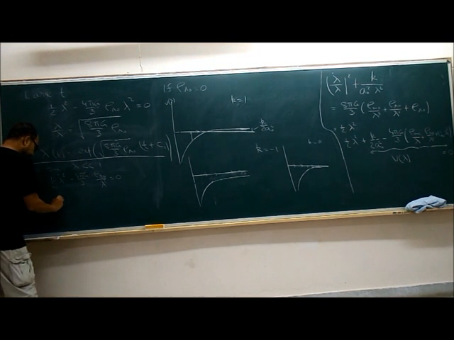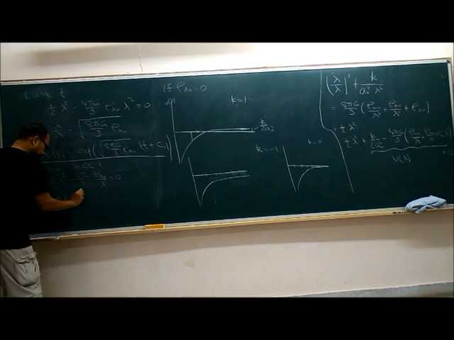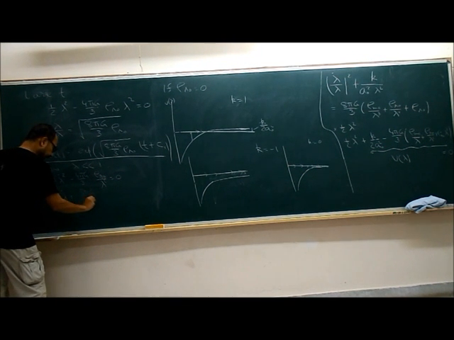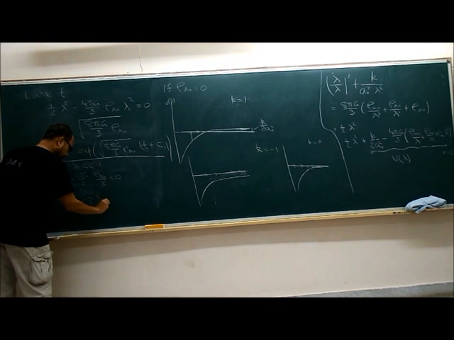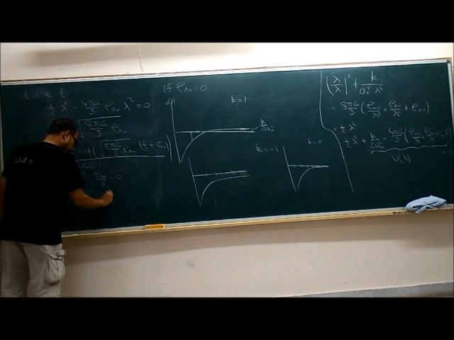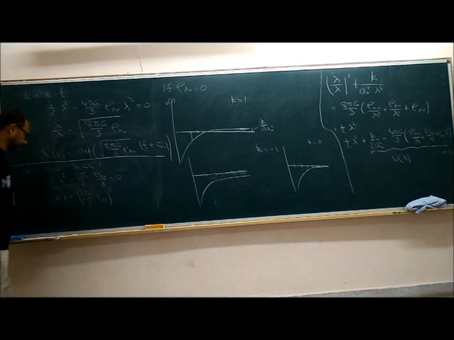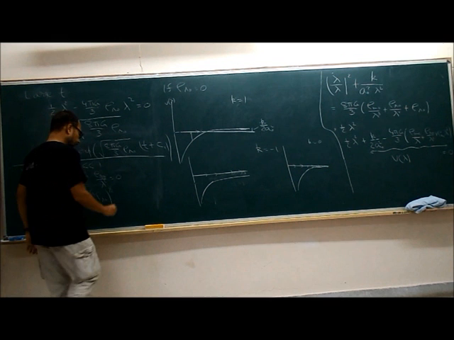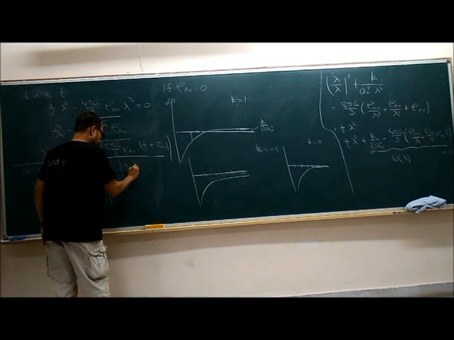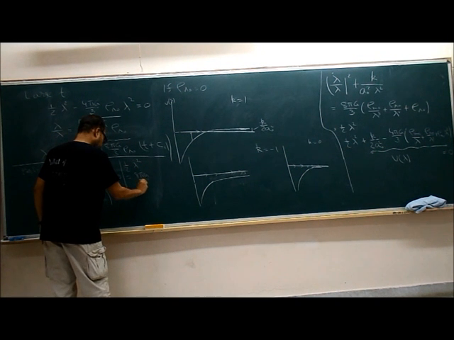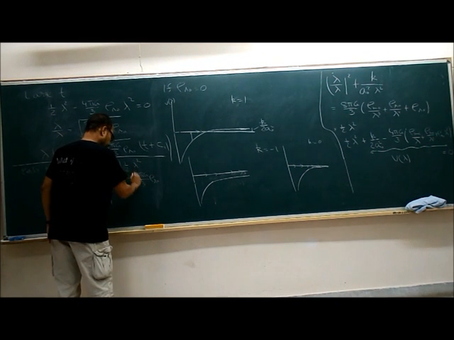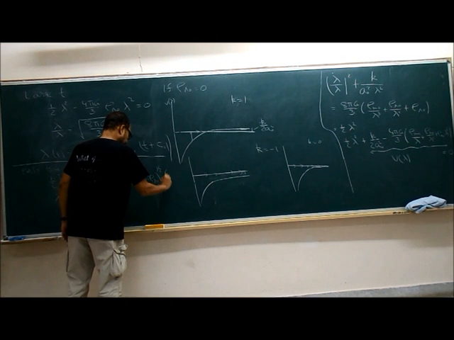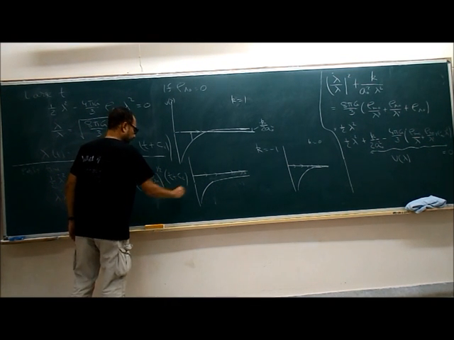So multiplying and then taking square root, we get lambda lambda dot as 8 pi G over 3 rho r naught to the power half. So you can easily integrate this. Half lambda square is 8 pi G over 3 rho r naught to the power half times t plus some other constant c2.